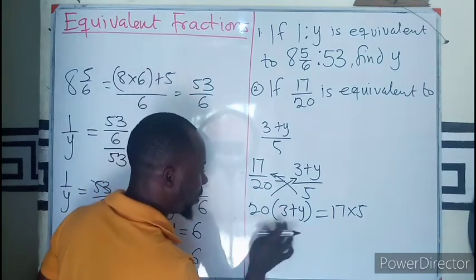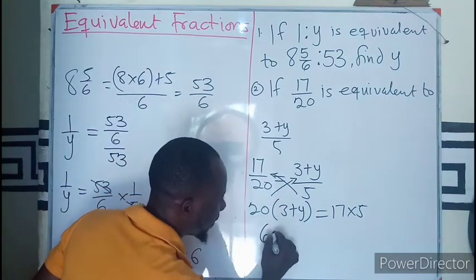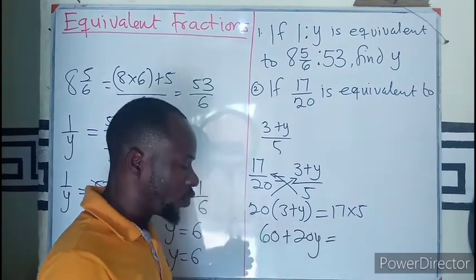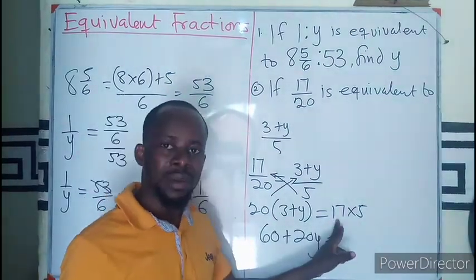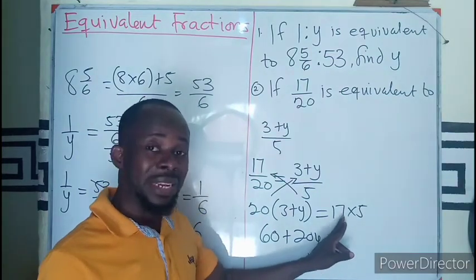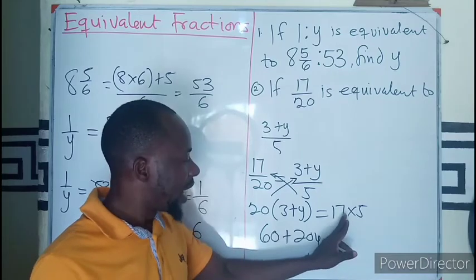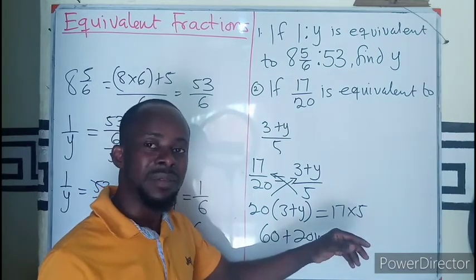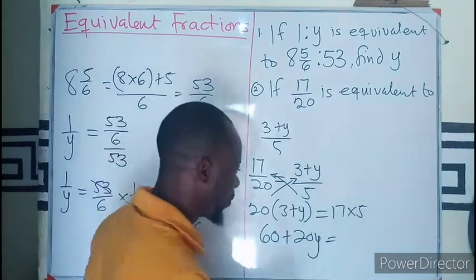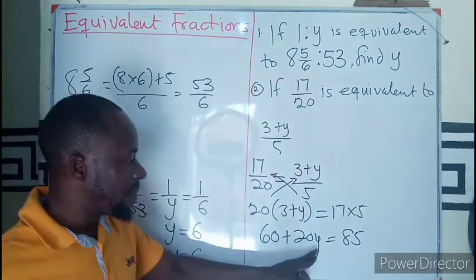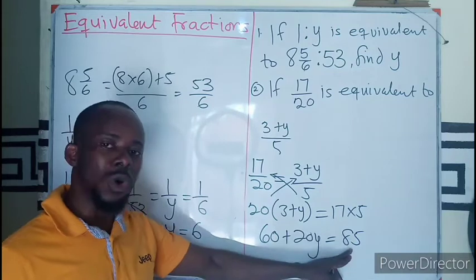So this is going to be 60 plus 20y equals, 10 times 5 is 50, then 7 times 5 is 35. That will be 85.